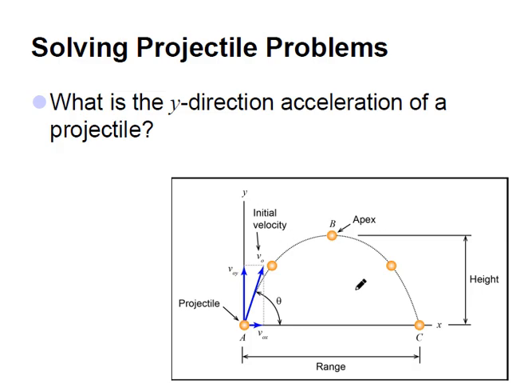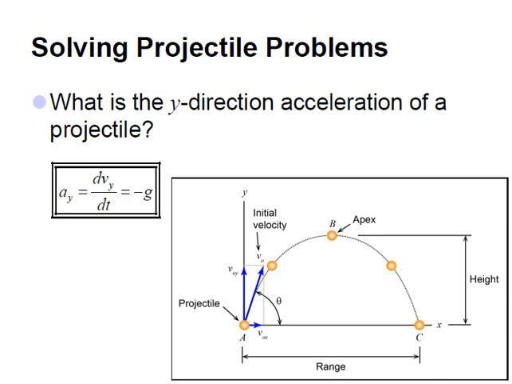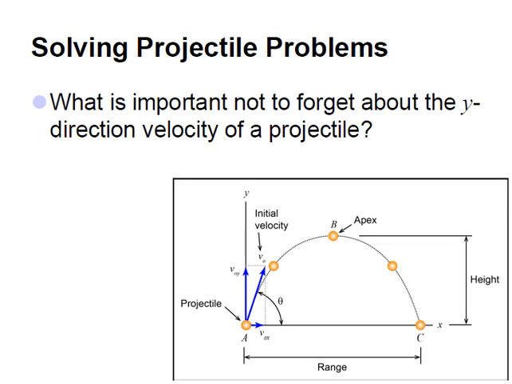What is the y direction acceleration of a projectile? Again, this is your y velocity. We want to understand what's going on, the acceleration at that time. Again, y is going against gravity, so your gravity is always going down like that, so that's a negative g. Then of course we have to understand the velocity in this y direction of the projectile.